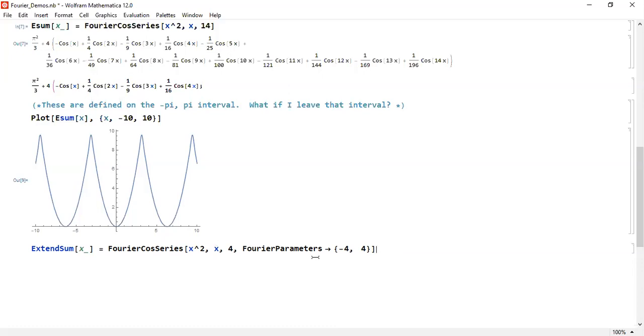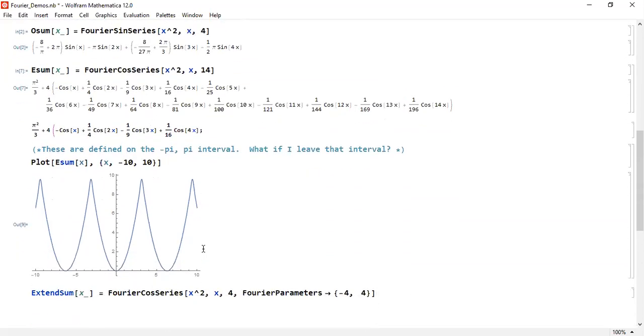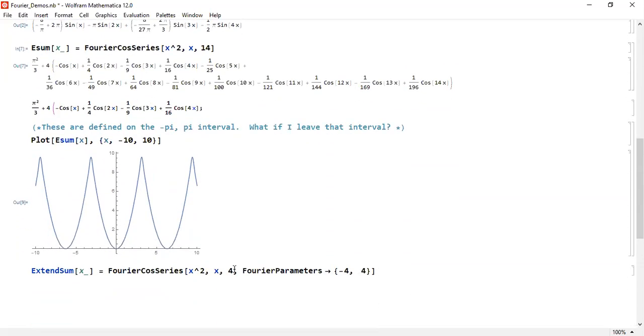Now I'm going to change this sum, and at least on my laptop, I'm going to stay away from the natural log of x minus 4 divided by x minus 4. So let's just do x squared again, but I'm going to change the interval over which I represent this to minus 4 to 4. Actually, let's go a little bit goofier and do 0 to 10 and see what happens.